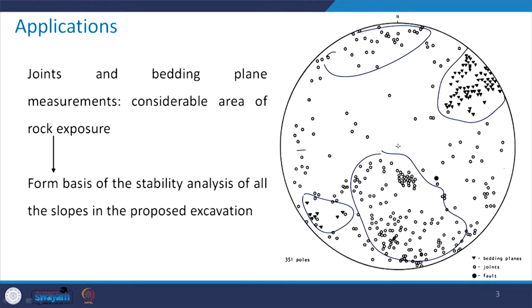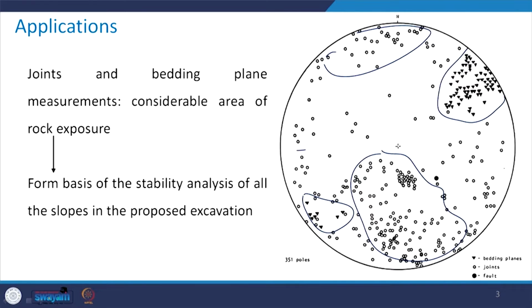You can see that in this figure, joints and bedding planes are there in the considerable area where the rock is exposed, and this forms the basis of the stability analysis of all the slopes in that proposed excavation.